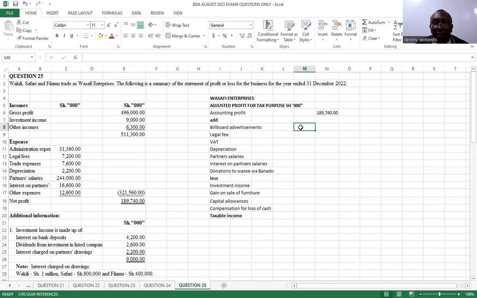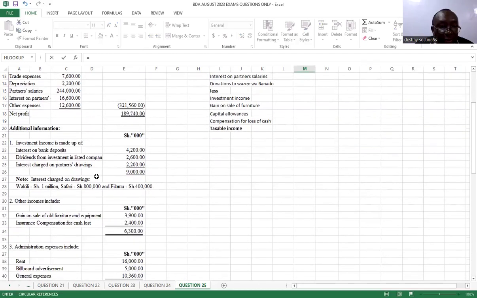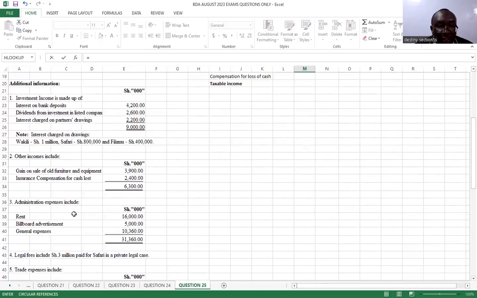Then for the items that we are going to add, the first one is billboard. So let's go looking for that amount where it is given. These are the expenses. So we will come to the billboard is here for administration. This one, 5,000.